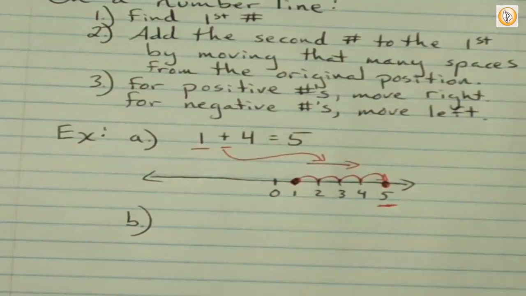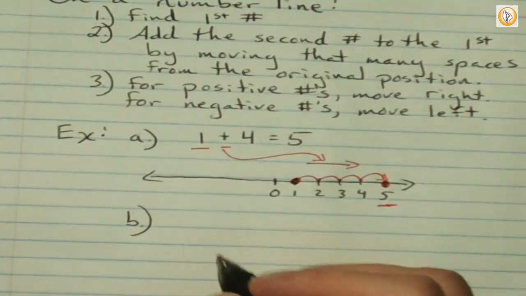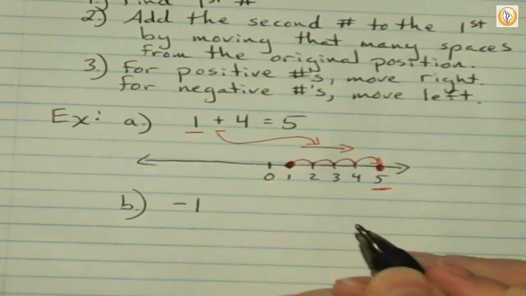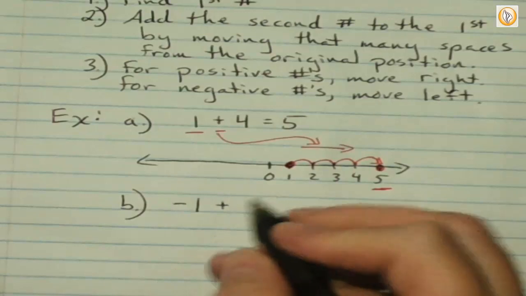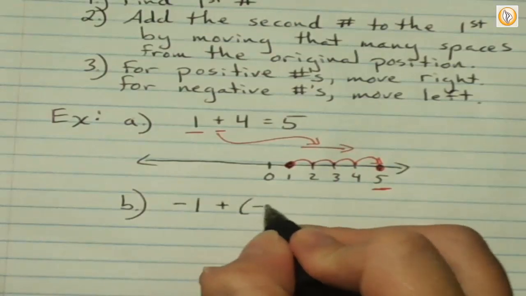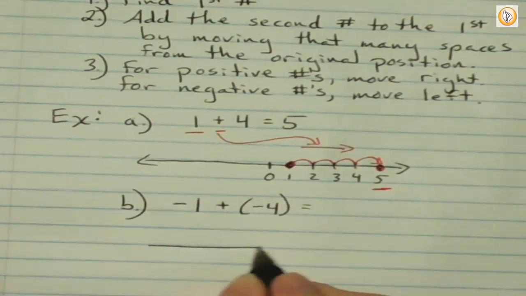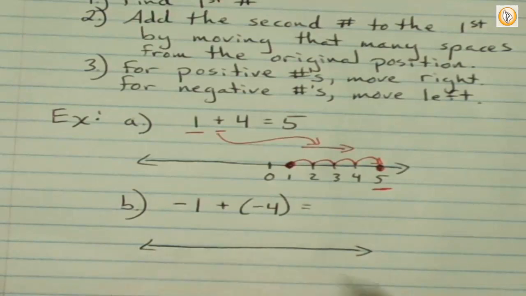Now, it's fine at the beginning. Trust me when I tell you, you need to start moving away from this method though. I'm going to do one more and then we're going to fly past it. So, example B. Let's say I have -1 and I'm going to combine it with a -4. Now that's going to be a little bit different.